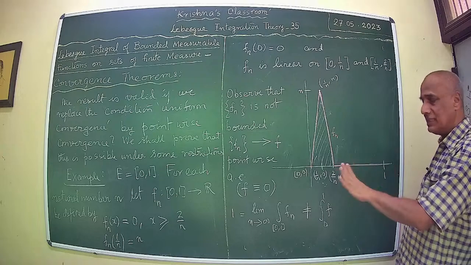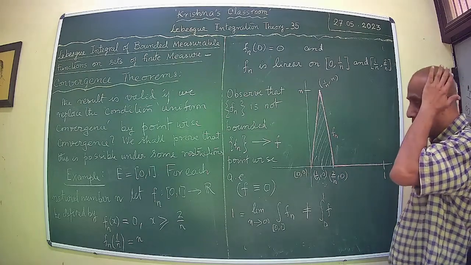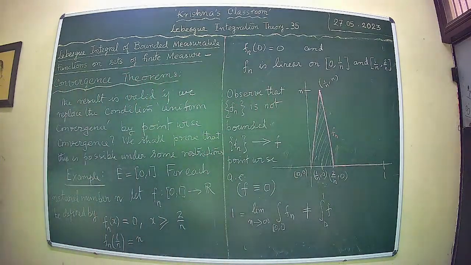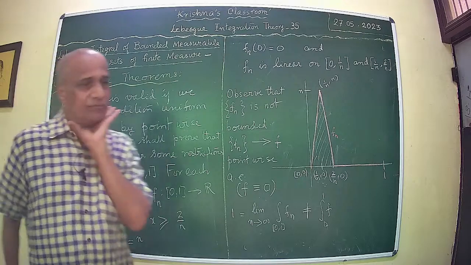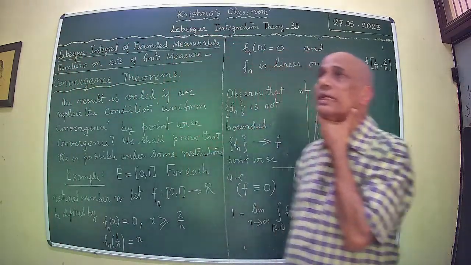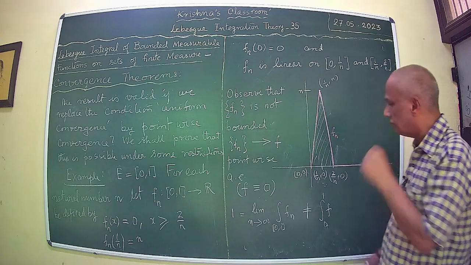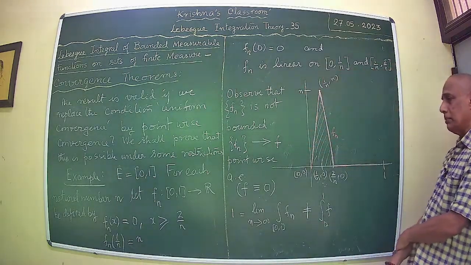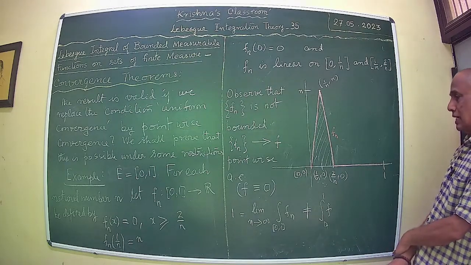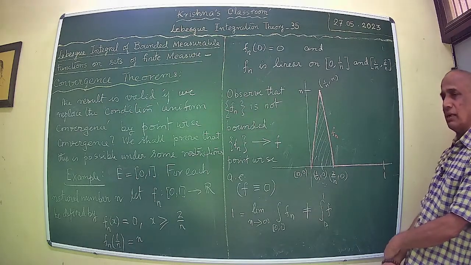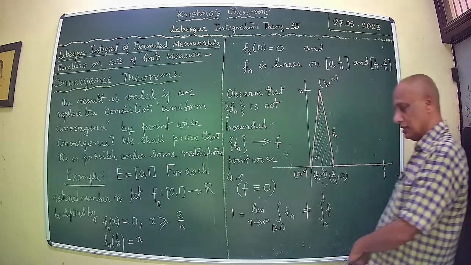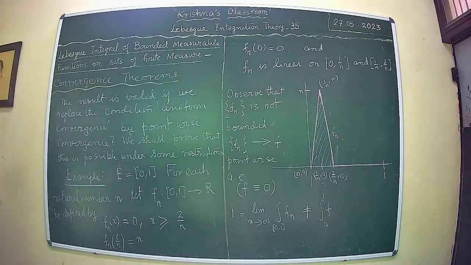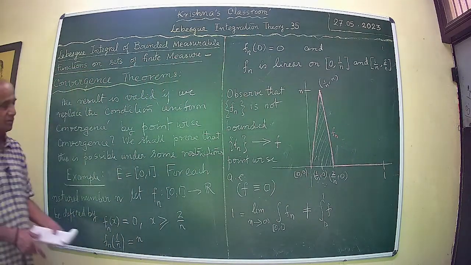But pointwise convergence does not assure that the limiting function is a bounded function. So even if these functions fn are bounded, the limiting function is not necessarily a bounded function. Therefore, by simply replacing uniform convergence by pointwise convergence is not likely to satisfy this. Okay.